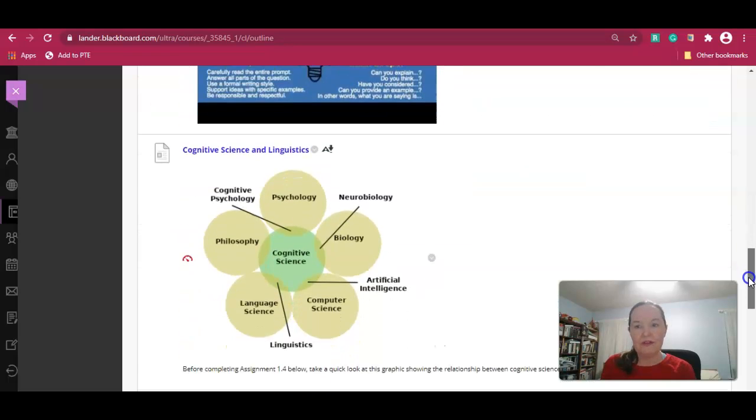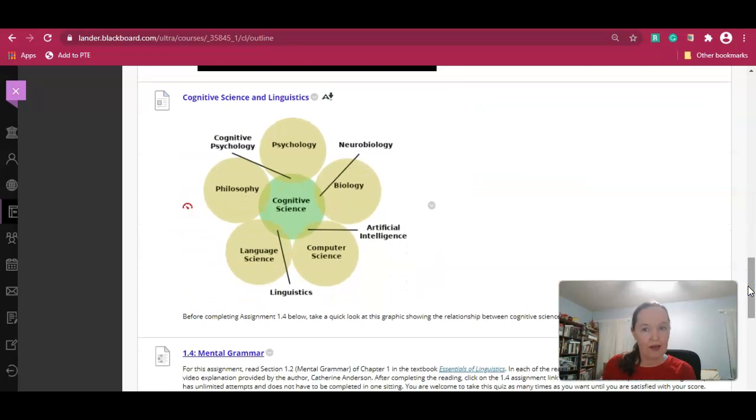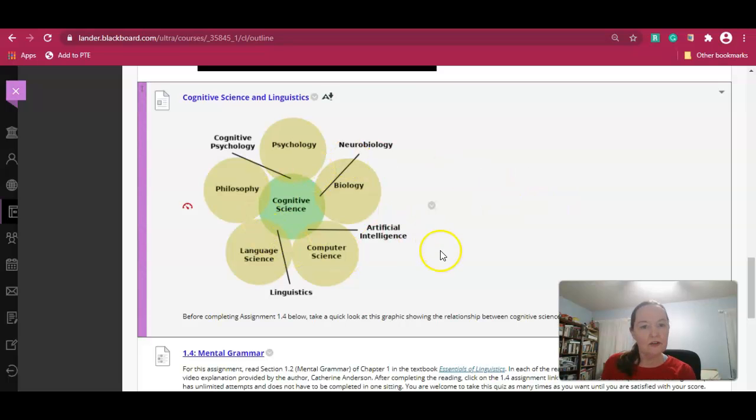Okay. So the assignments that you have for this week, I've put a graphic here, and I'll intersperse these throughout your assignments. This is a graphic called Cognitive Science and Linguistics, and in the middle of this graphic you see cognitive science, this big giant social scientific field with all these other related fields. So from cognitive science, we have psychology, biology, computer science, language science, philosophy.